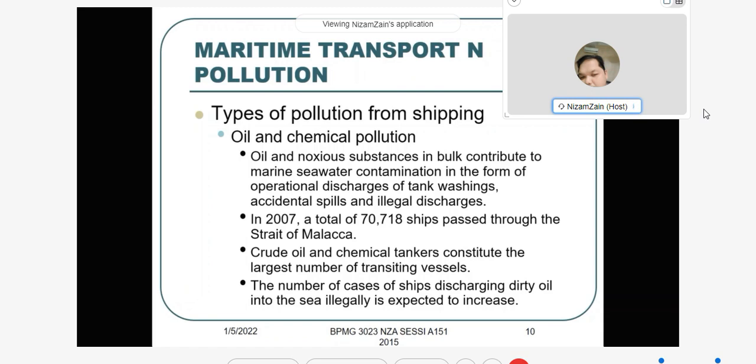So it can be monitored through GPS or satellite monitoring. So they get caught. Some cases are caught and suffer a high penalty fine, coming to millions. So these are the reasons why illegal discharges to the sea still exist.